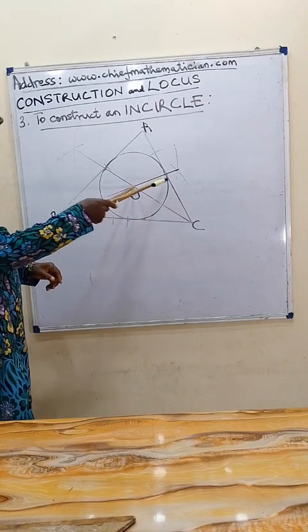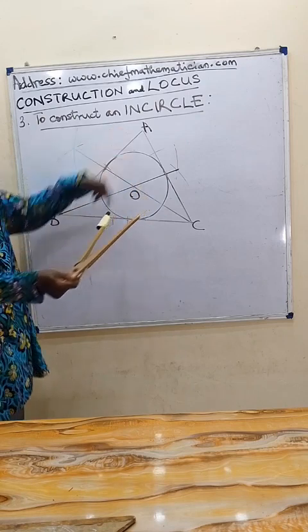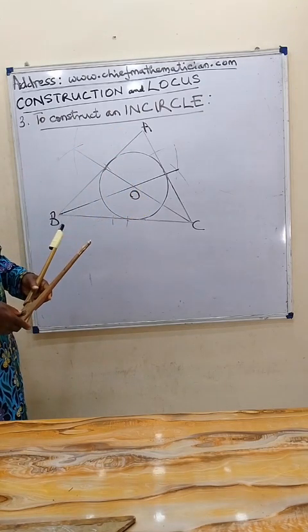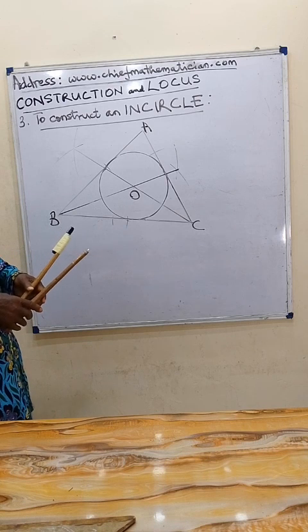You will discover that the circle touches the three sides, and that circle we call an incircle.